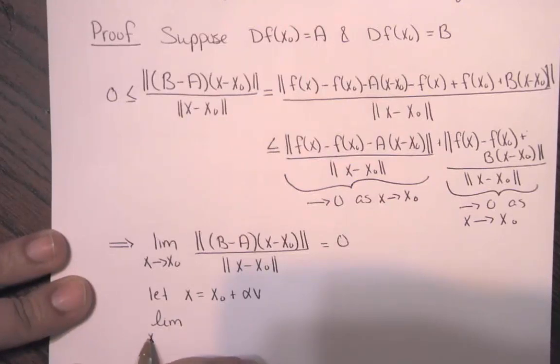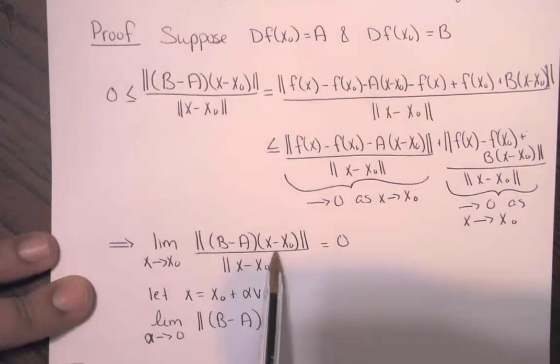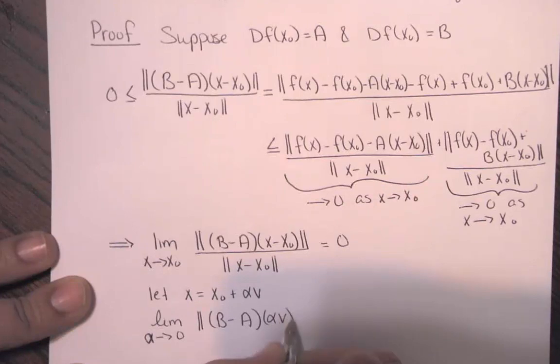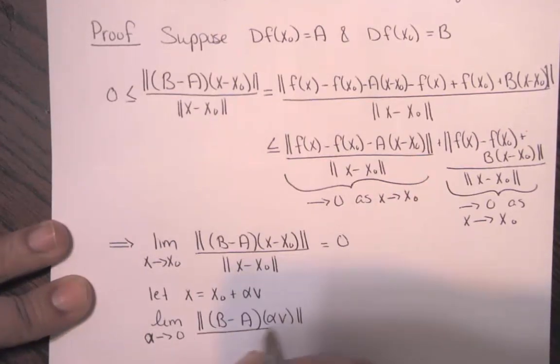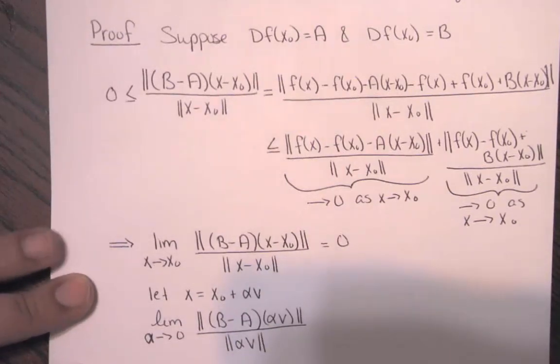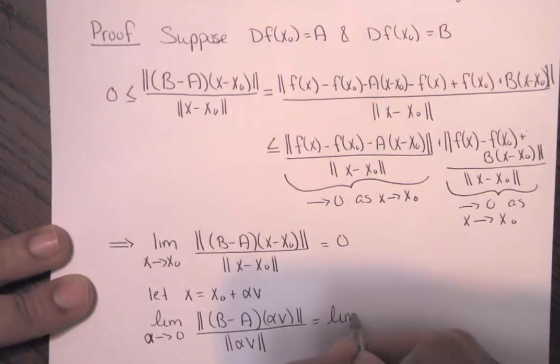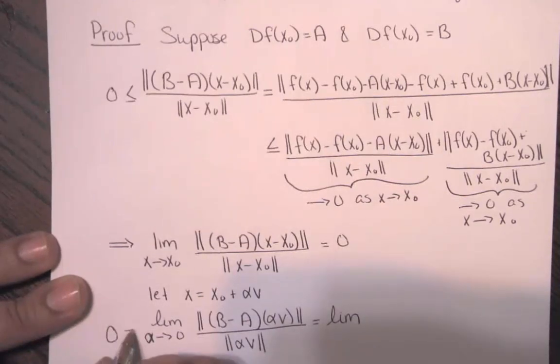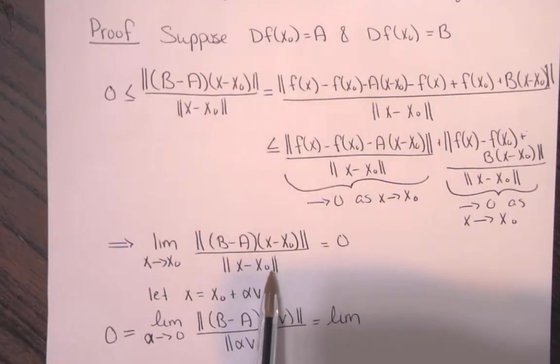So the limit as alpha goes to 0 of the norm of B minus A, now notice x minus x naught for this x is just alpha v, divided by the norm of alpha v. And by the way, all of this is equal to 0 because this is true.